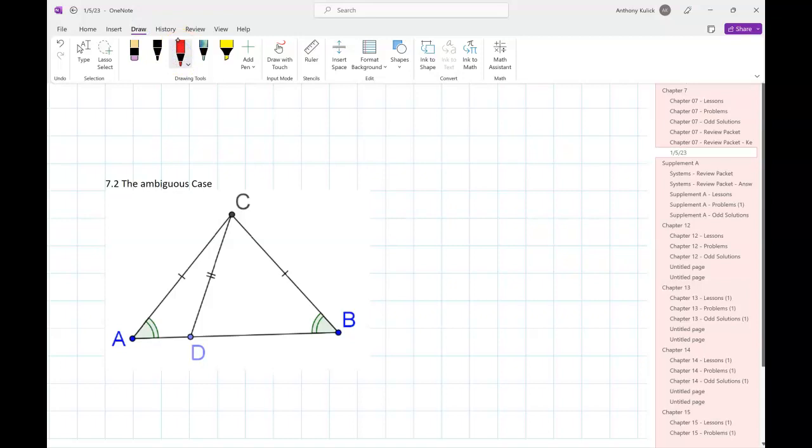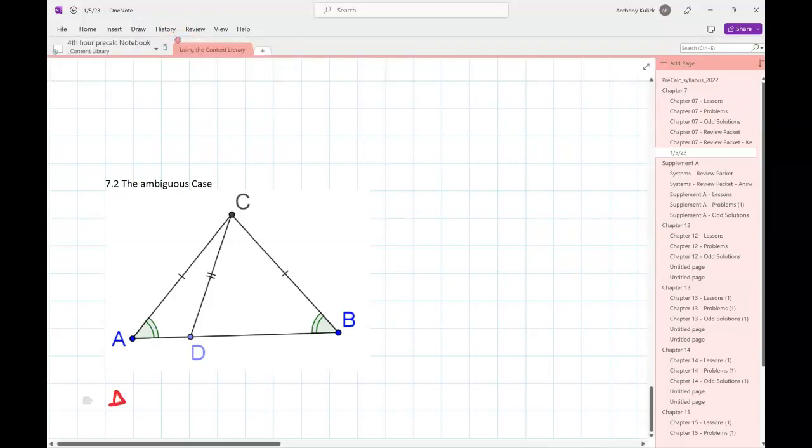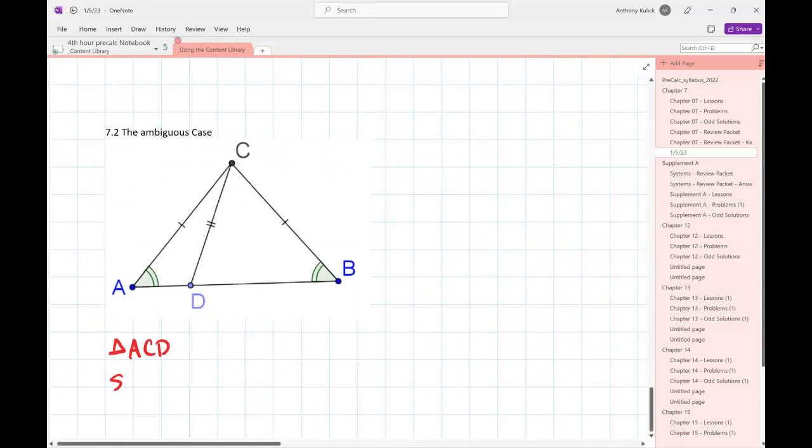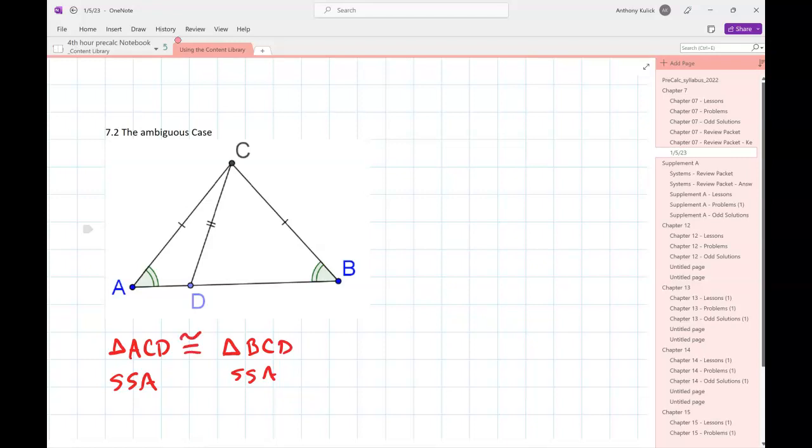So notice that in triangle ACD, this is an SSA, and triangle BCD has the same SSA congruence, right? Are those two triangles the exact same? Well, clearly they're not, right? We can see with our eyes immediately that those two triangles are definitely not congruent.